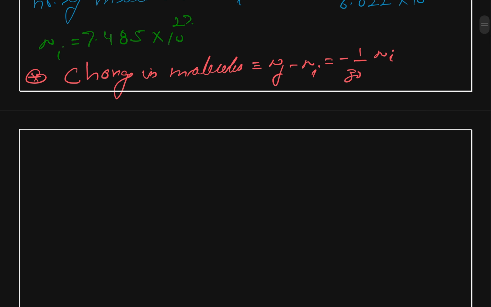So this is equal to minus 1 upon 30 times 7.485 into 10 to the power 27. So this comes approximately as minus 2.5 into 10 to the power 26.